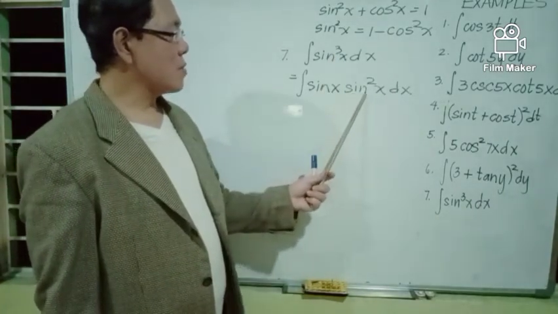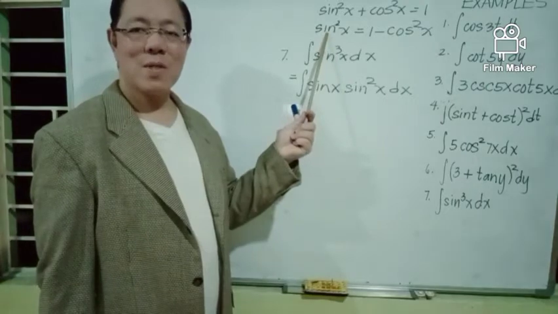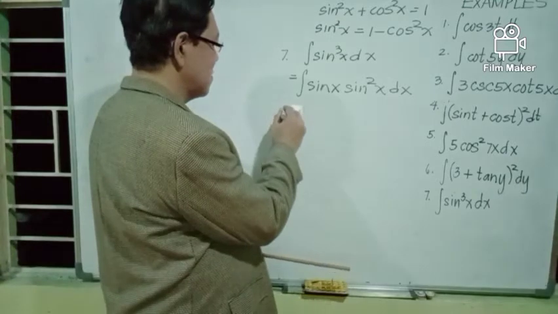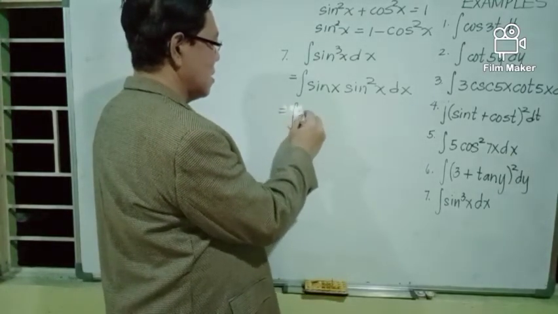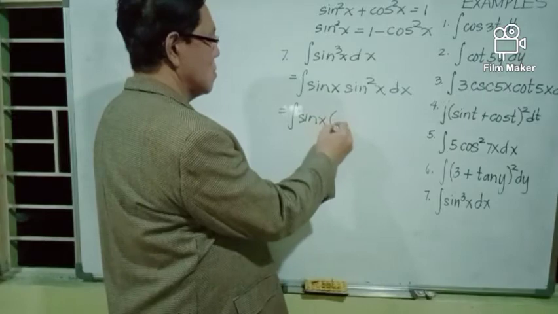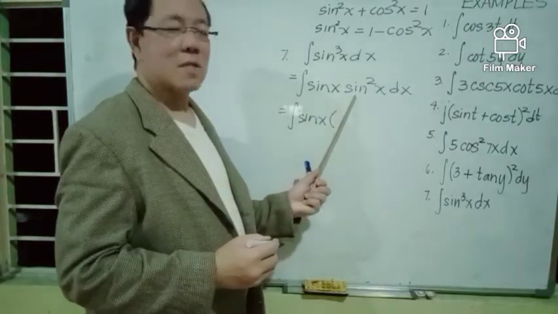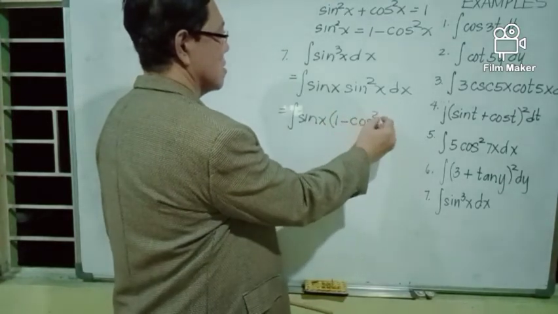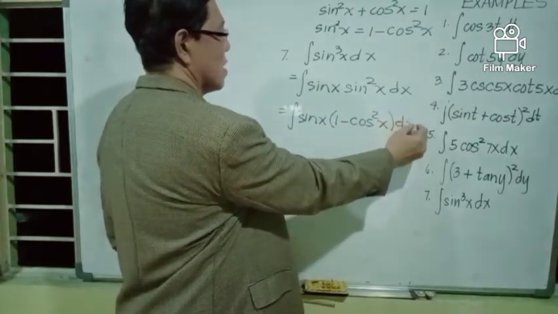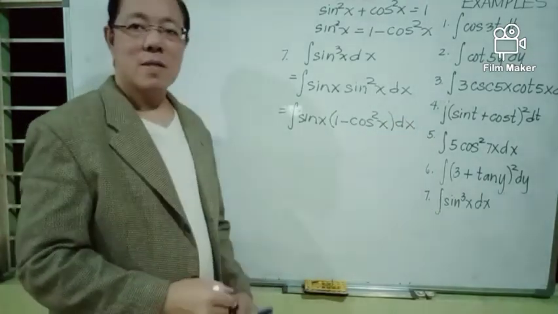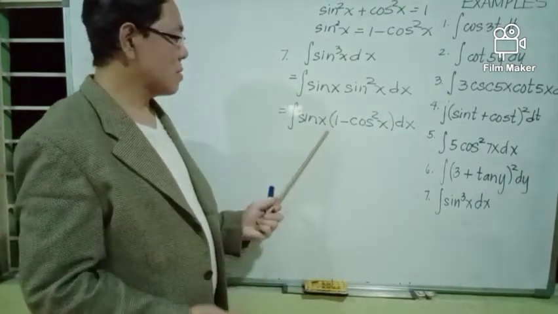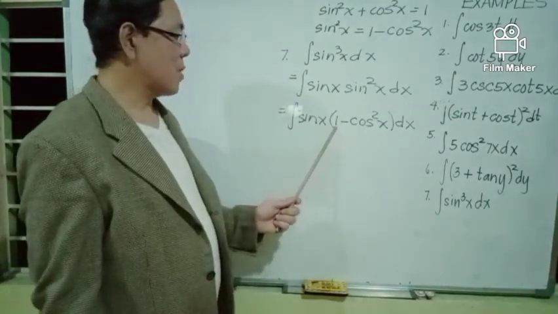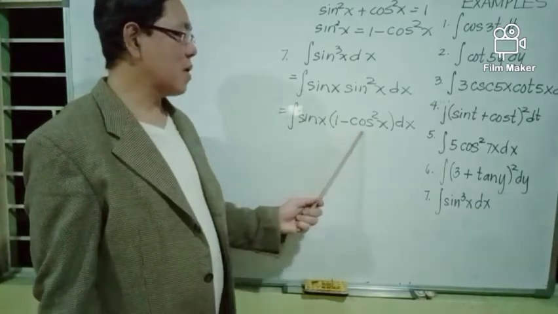And for sine squared x, we make use of this trigonometric identity. We get the integral of sine x multiplied by sine squared x, which is equal to 1 minus cosine squared x. We integrate with respect to x. Now we remove the grouping symbols. By the distributive property of multiplication, we multiply each term of this binomial.